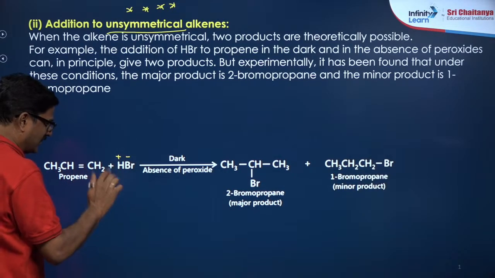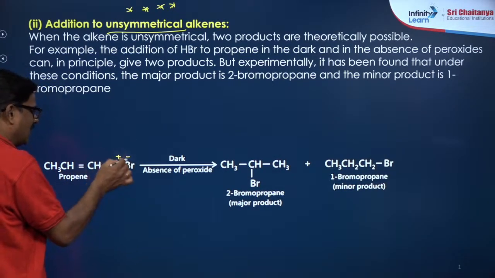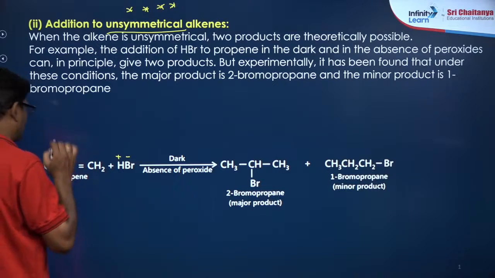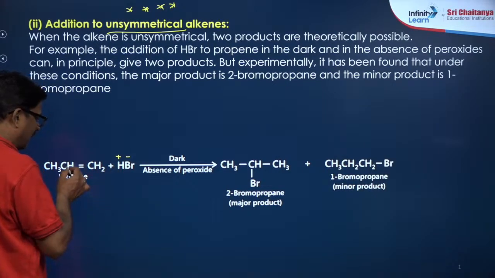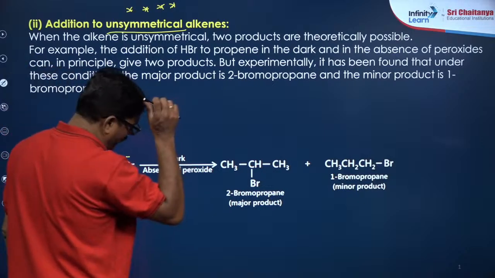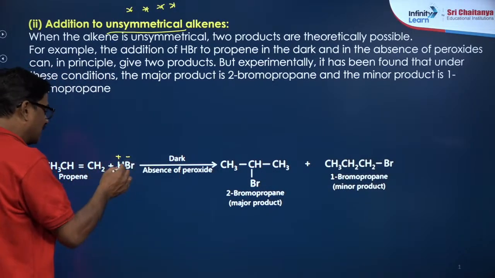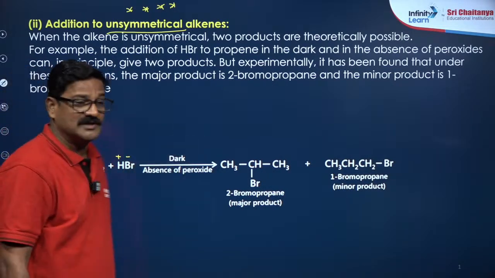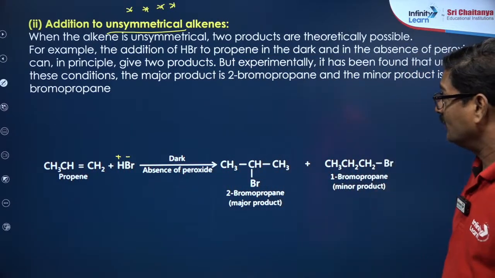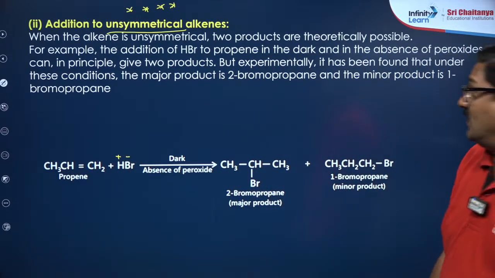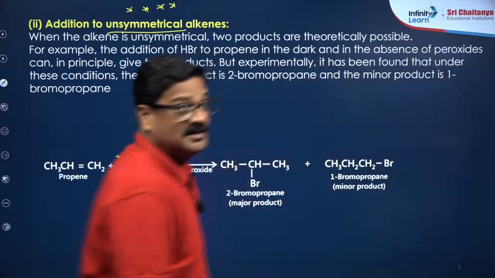H can attack here and Br here, so there are two possibilities. If Br attacks here, 2-bromopropane is formed. When Br attacks here, 1-bromopropane is formed. Two different products are possible.